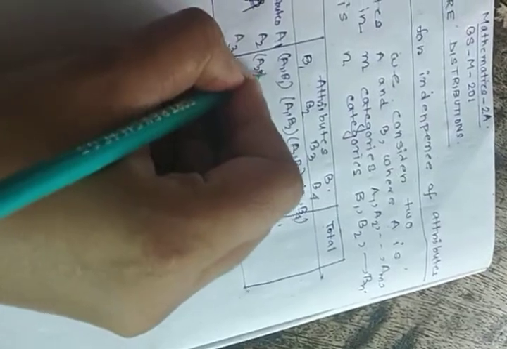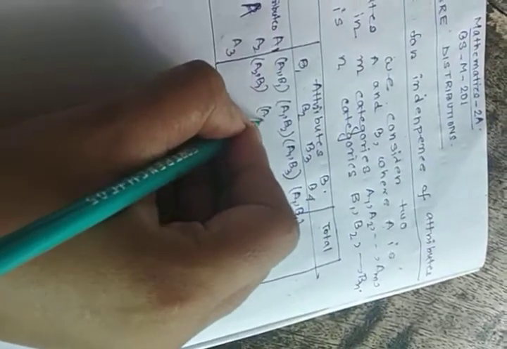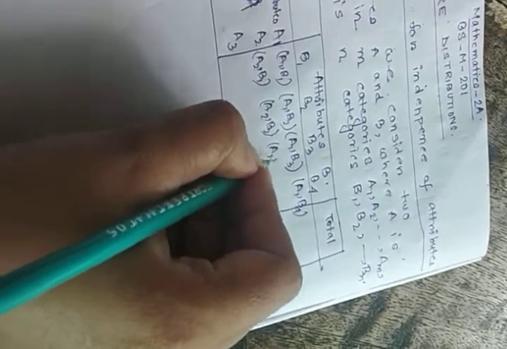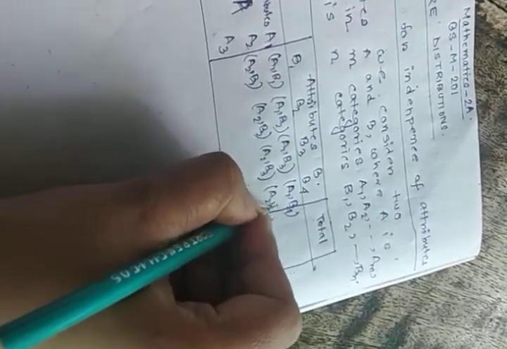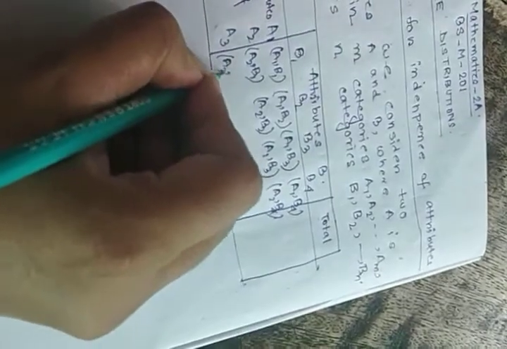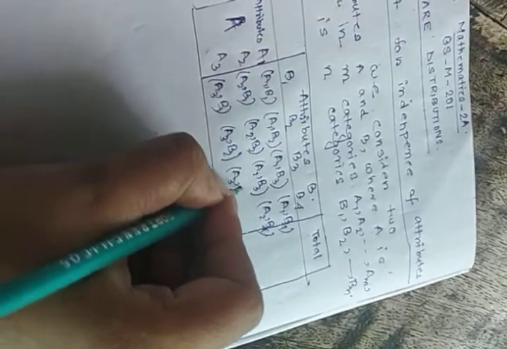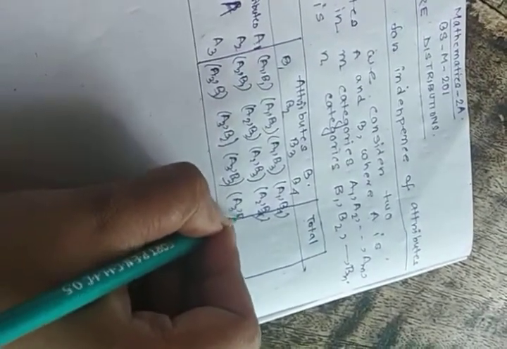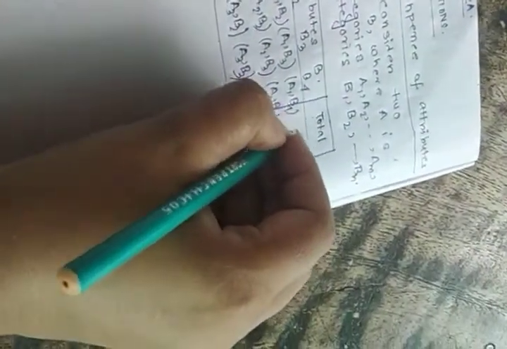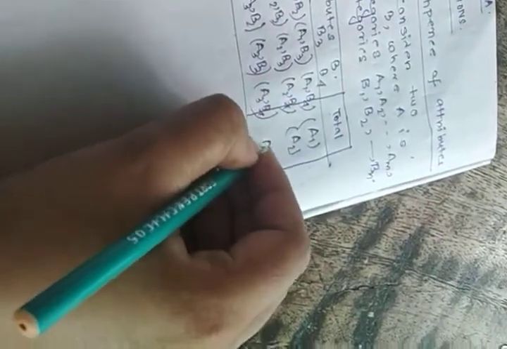Next A2 B1 for the second row, A2 B2, A2 B3 and A2 B4, and for the third row A3 B1, A3 B2, A3 B3 and A3 B4. This is the total for A1, A2 and A3. Then the totals for B: this is B1, this is B2, this is B3 and the last one is B4.